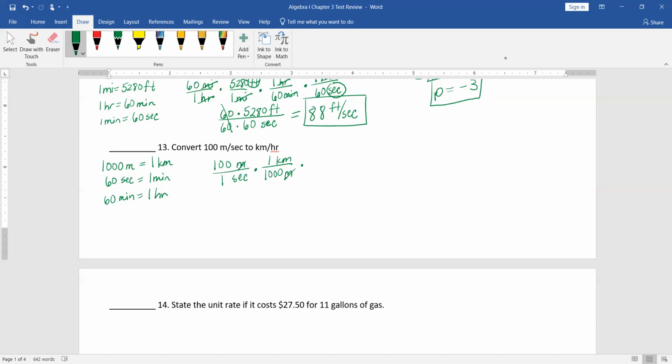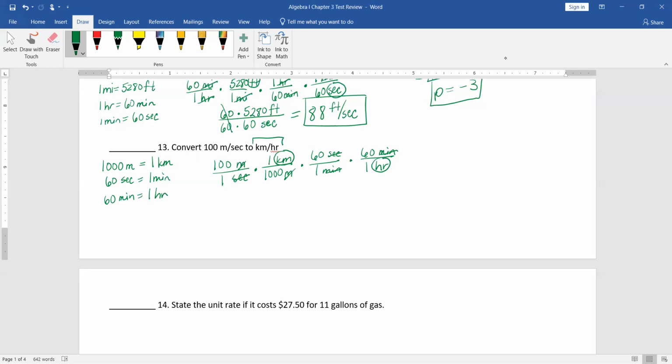We need to change it to hour. So 60 seconds is 1 minute, and 60 minutes is the same as 1 hour. That cancels out our seconds and our minutes, and we end up with kilometers in the numerator and hour in the denominator, which is the rate we are looking for.